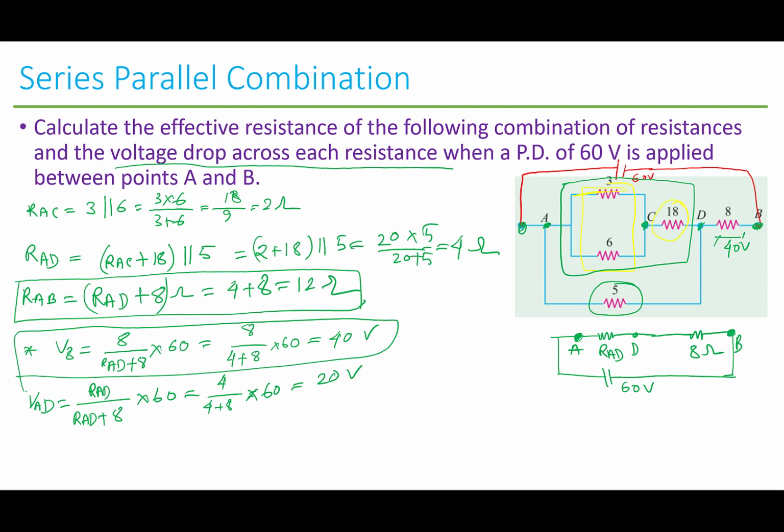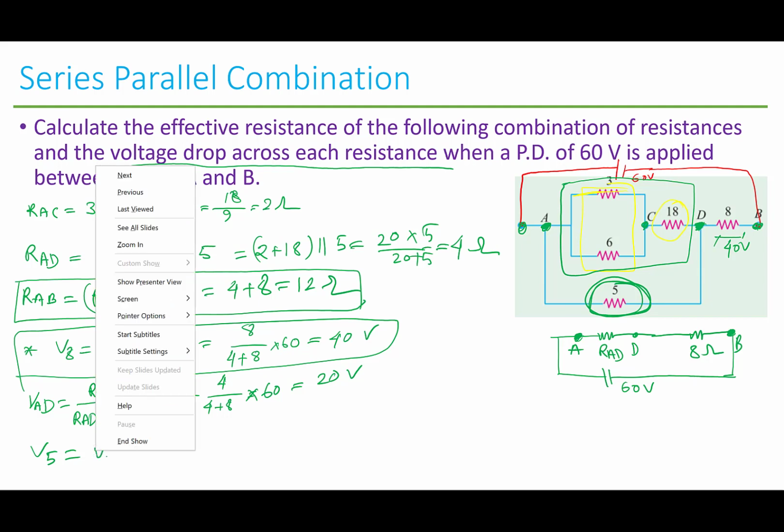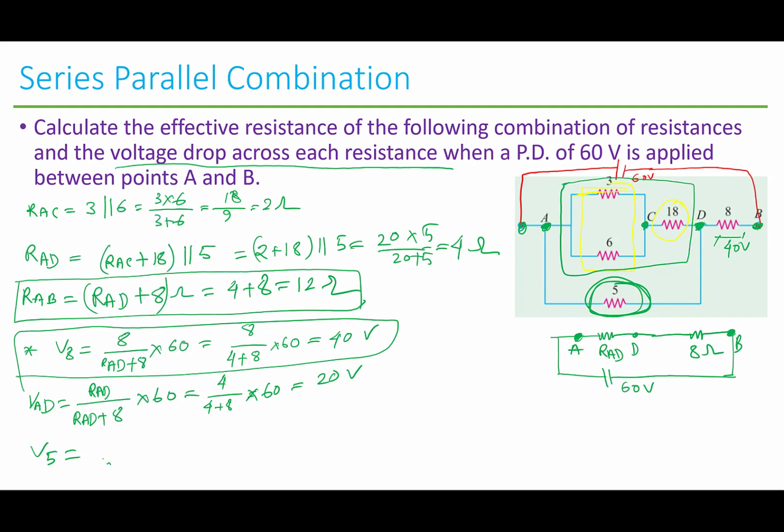Now once we know the voltage across terminal A and D, we know that this 5 ohm resistance is connected across terminal A and D, right? So we can say that V5 is equal to this VAD, which equals 20 volts. So this is another answer.